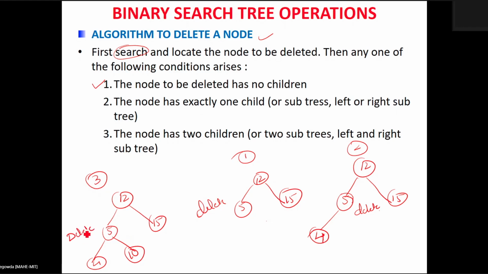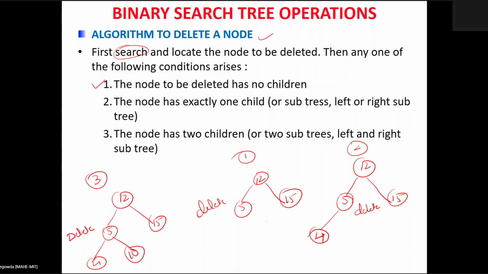Now this particular node 5 has two children, a left child as well as a right child. That means it has two subtrees, one is the left subtree, another is the right subtree. If you delete the node 5 here, the resultant tree should also satisfy all the BST properties. So how are you going to take care of that?